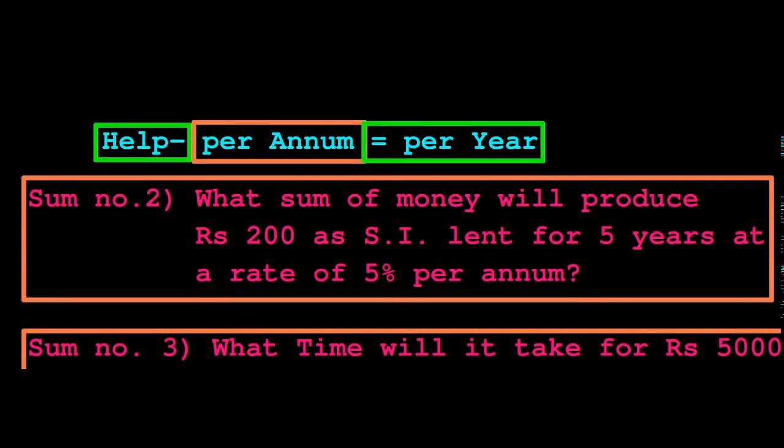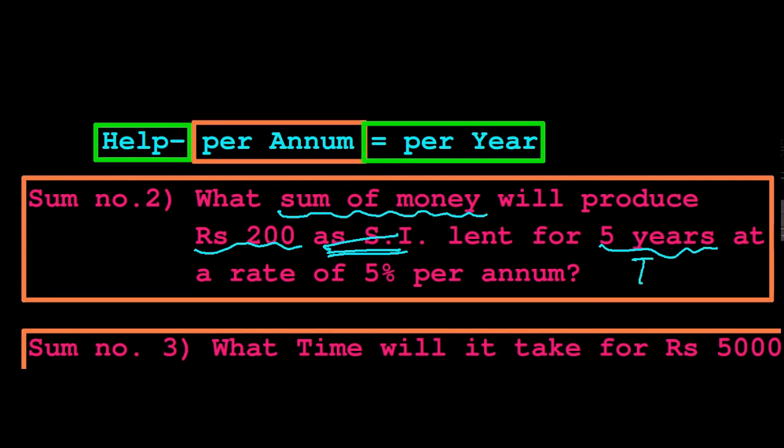The sum says: what sum of money will produce rupees 20,000 as SI, lent for 5 years at a rate of 5% per annum? It is asking what sum of money will produce rupees 20,000 as SI. So this is the SI in this case, and it is lent for 5 years.